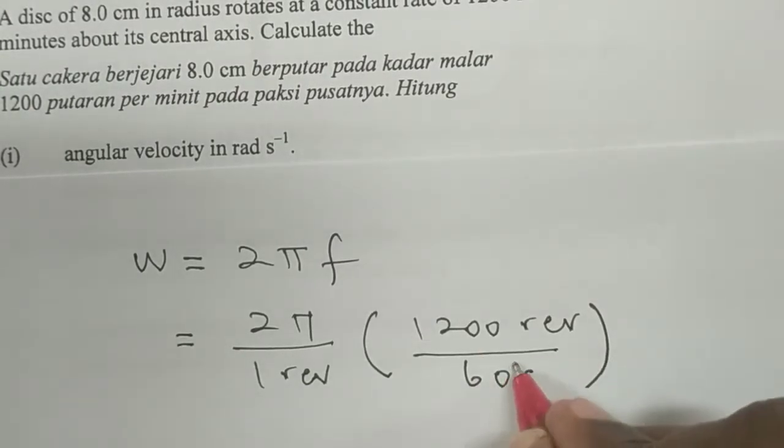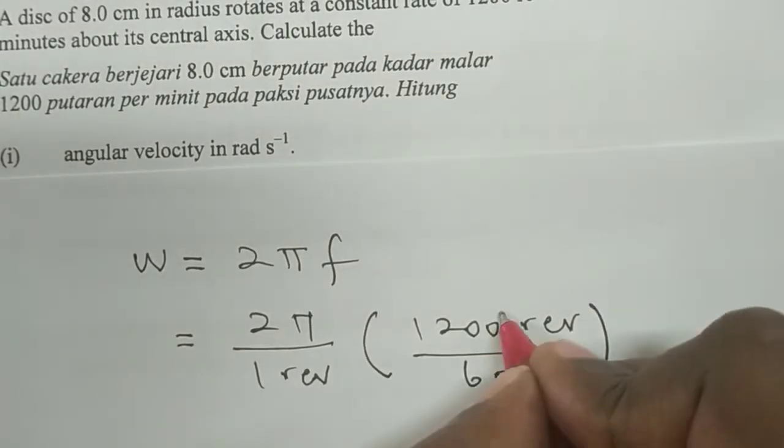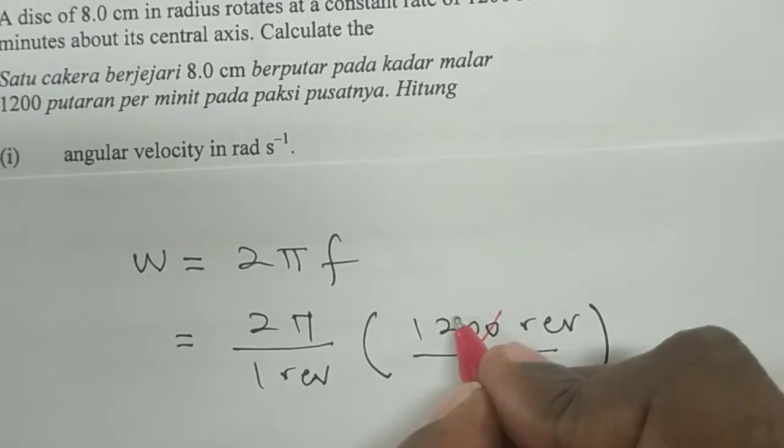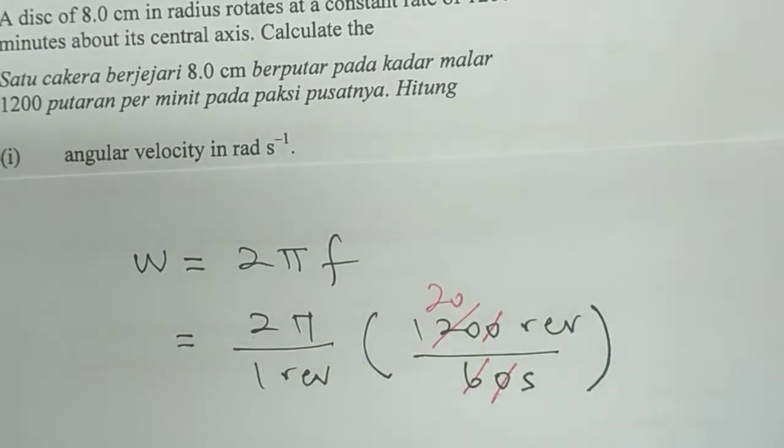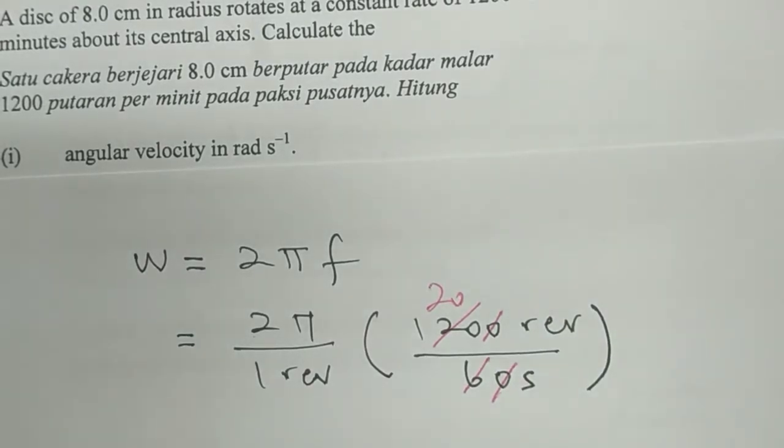We cancel the zeros, 20 times 2. So the answer is 40 pi radians per second.